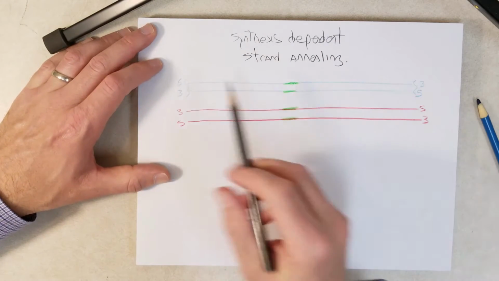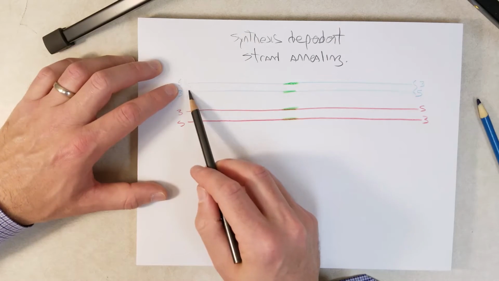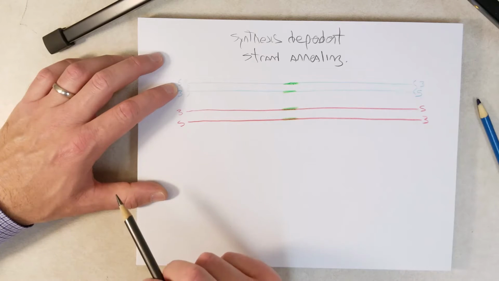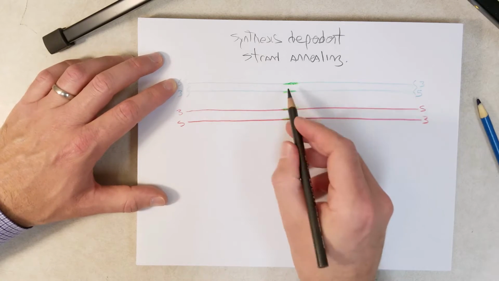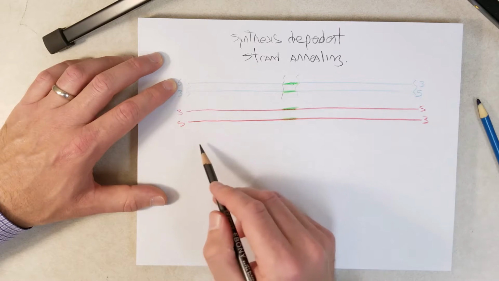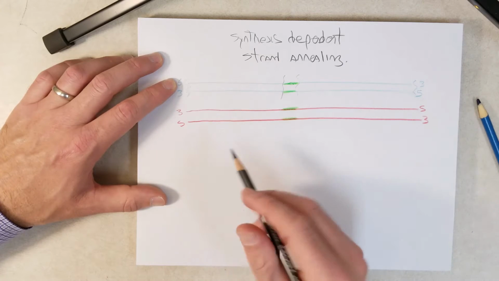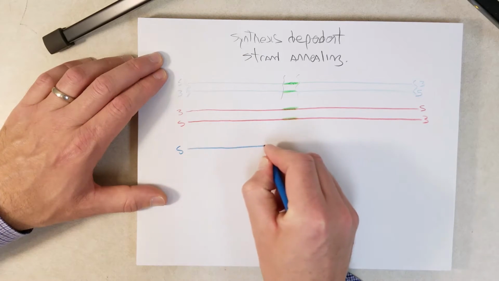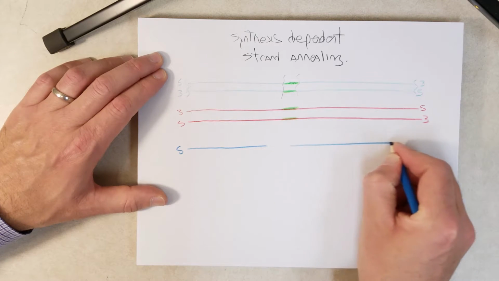Now, this will be the recipient, this will be the donor. The recipient is going to receive information from the donor. It's also going to receive the double strand break. And let's assume that double strand break eliminates these few base pairs in here. It just obliterates that region right here. So we're left with a recipient that looks like this.